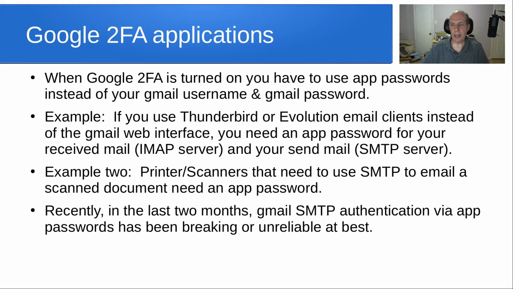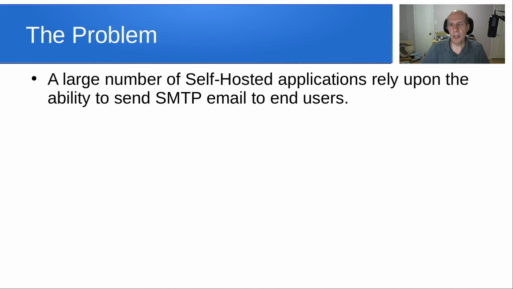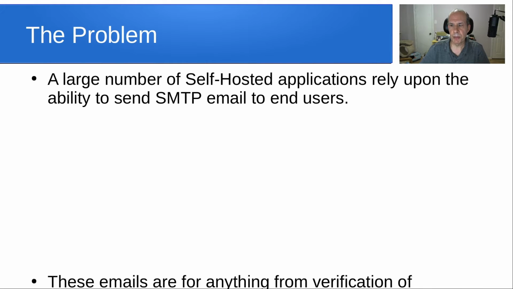So recently, in the last 2 months, Gmail SMTP authentication via app passwords has been breaking or unreliable at the very least. You can Google it, and a lot of people are having difficulty with it. So what's the problem here? Well, a large number of self-hosted applications rely upon the ability to send SMTP mail to end users.